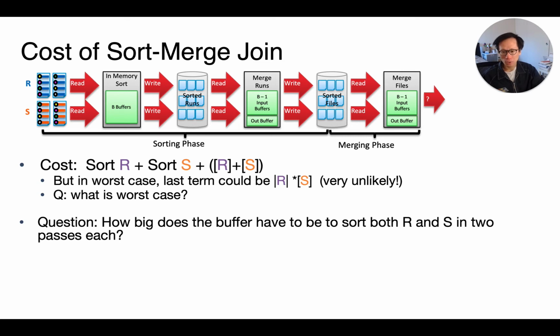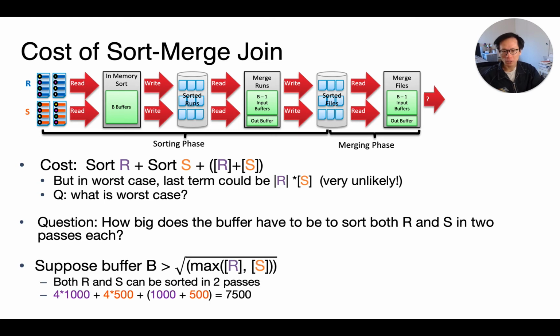Well, suppose that the buffer is bigger than the square root of the larger of R and S. So then both R and S can be sorted in 2 passes, and given that, we can now compute the cost of our algorithm on our inputs. R is 1,000 pages, and we know that sorting is 2 passes of R, so that's 2 read and write passes, so that's 4 times 1,000.